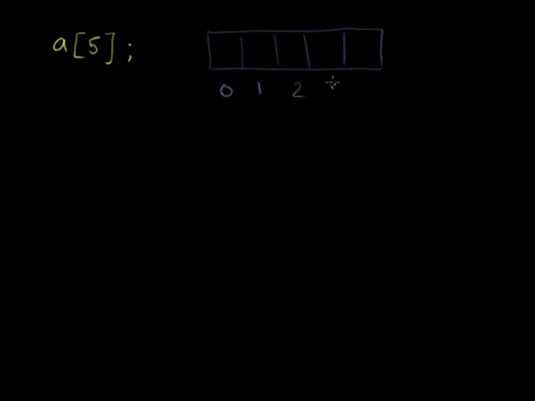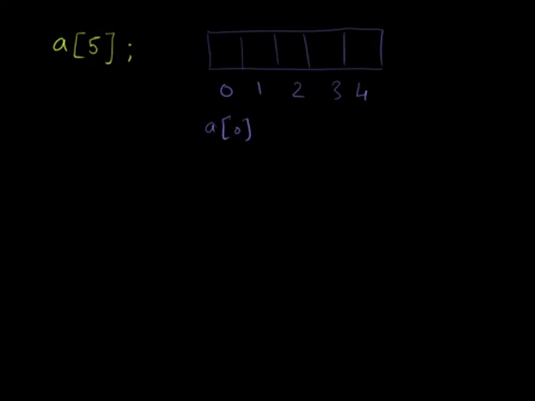So 0, 1, 2, 3 and 4. This is a normal array which we have seen in previous lectures, right? And we index that array using a subscript. So if you want the first element, that is the 0th element, you access it using A[0].